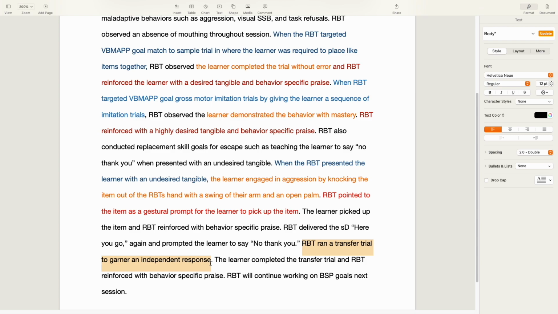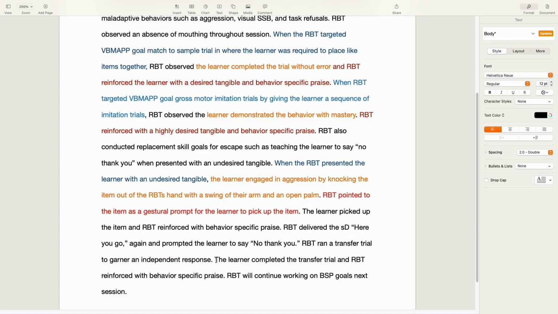You never want to end a trial or a program by just finishing and then them not receiving any reinforcement. You always want to end by getting an independent response from the learner. So RBT ran a transfer trial to garner an independent response.